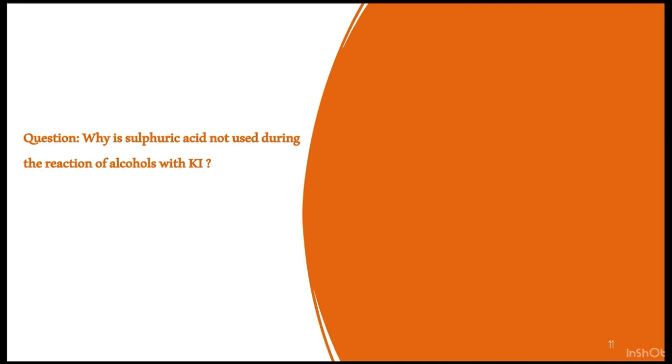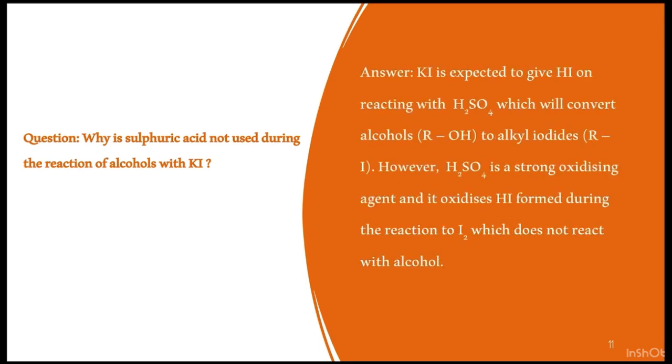Next question is why sulfuric acid is not used during the reaction of alcohols with KI. In this reaction, when alcohols react with KI, what do we want to make?